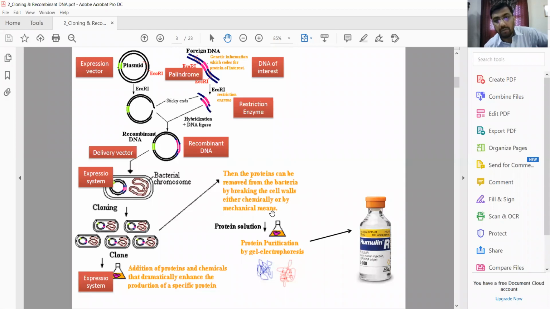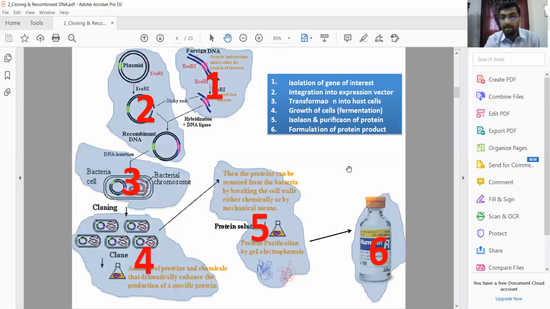Later we will isolate this protein from the bacteria and the media, purify it, make a formulation and pack it into a vial, which is normally used by humans and named Humulin R.